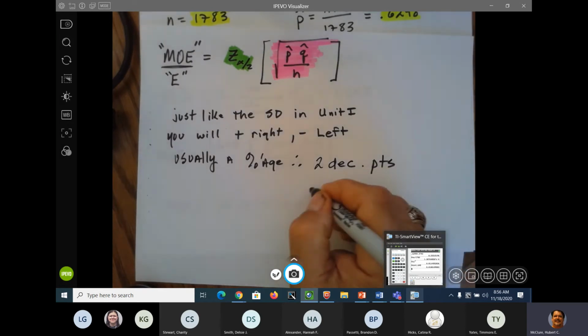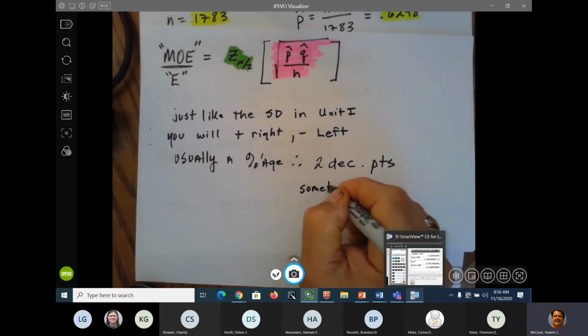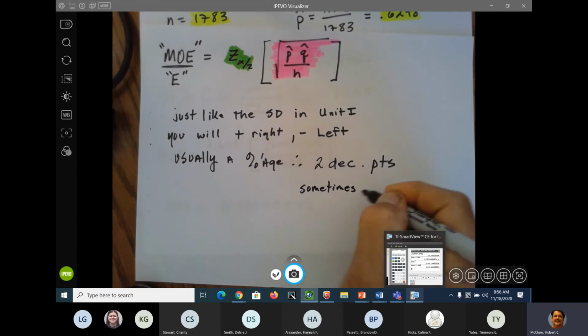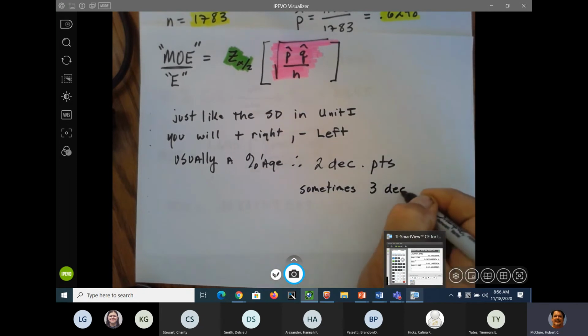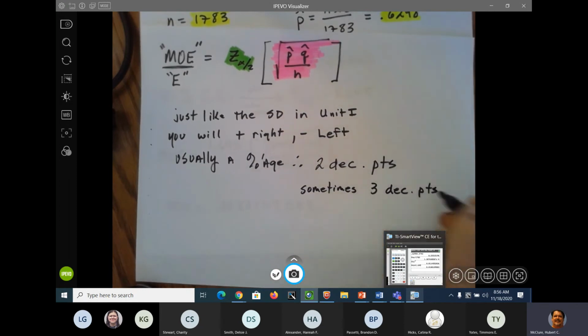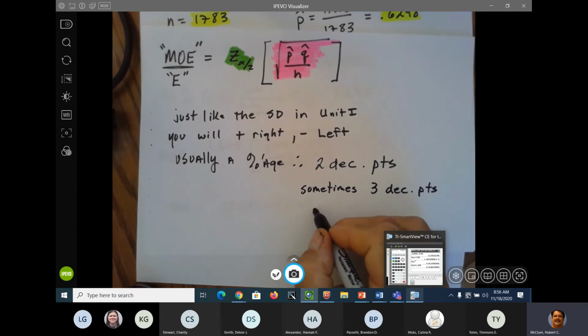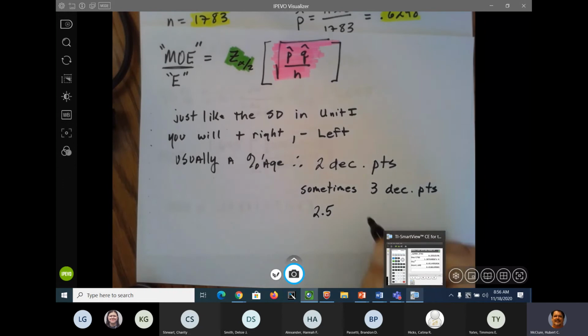So sometimes 3 decimal points because they'd like to see 2.5 or 12.5. They like to see that 0.5 or whatever. Or 12.4 or whatever.